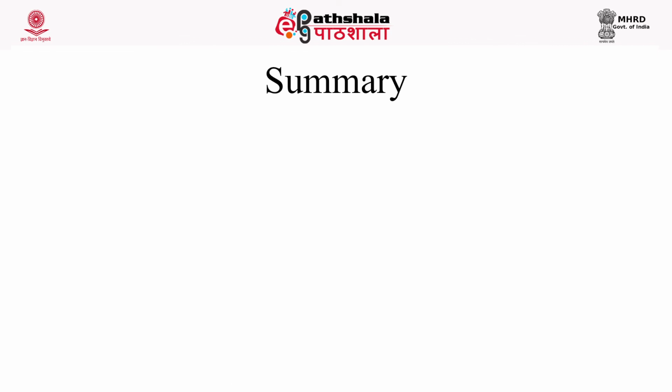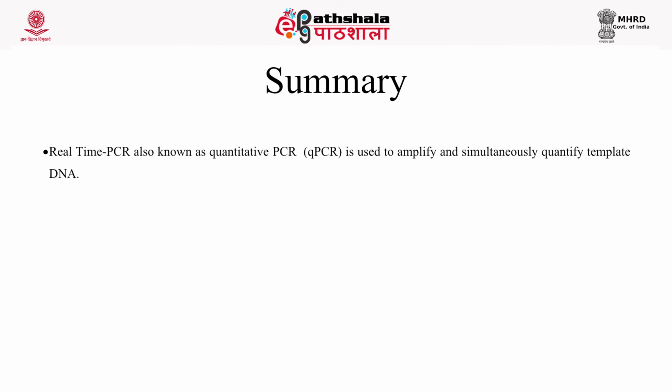A great advancement over the conventional PCR is the real-time PCR. The real-time PCR can quantify and amplify the DNA fragments simultaneously. The real-time PCR technology uses hydrolysis probes or DNA double-stranded binding dyes such as SYBR Green dyes to quantitate the DNA formed after each cycle of the PCR reaction.